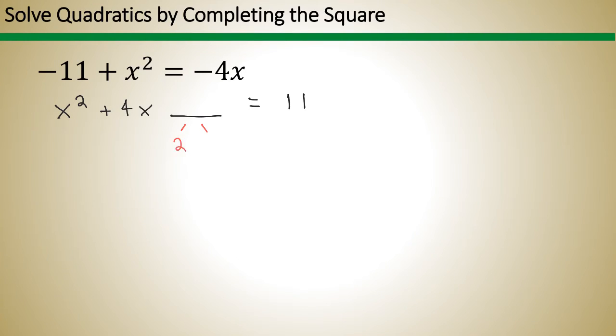That's going to be 2 and 2. 2 times 2 is 4, so I'm going to add 4 here and add 4 over there. All right, now, when I factor this left side, my factors are 2 and 2. So since they're both the same, we're going to write that as x plus 2 squared is equal to 15.